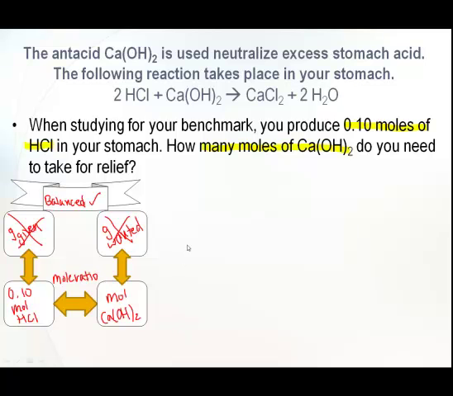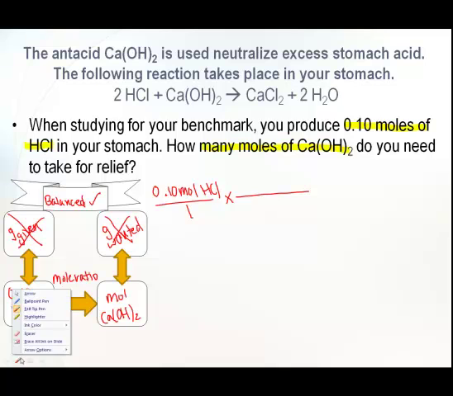So I'm always going to start with what I'm given. In this case, I'm given 0.10 mole of HCl. And again, I'm going to put my placeholder on bottom. That 1 does not have units. It's just a placeholder. It's only holding up that 0.1 moles of HCl. So in my next little bracket here, I'm going to want to go from mole of HCl to mole of calcium hydroxide.